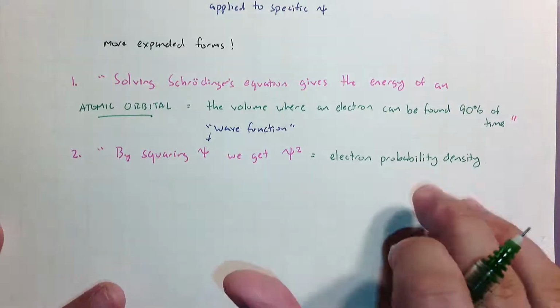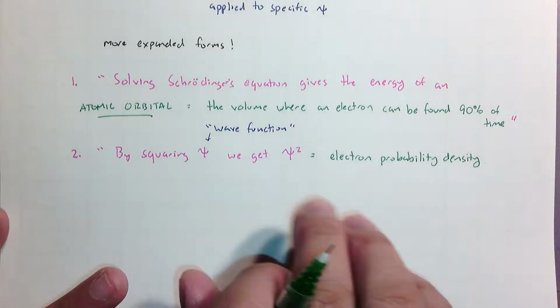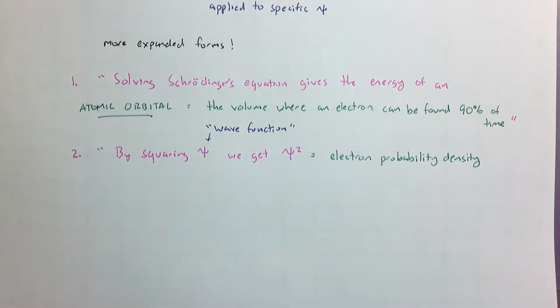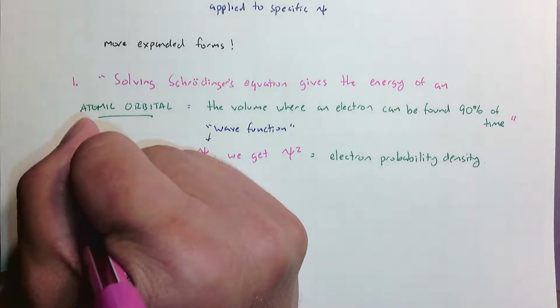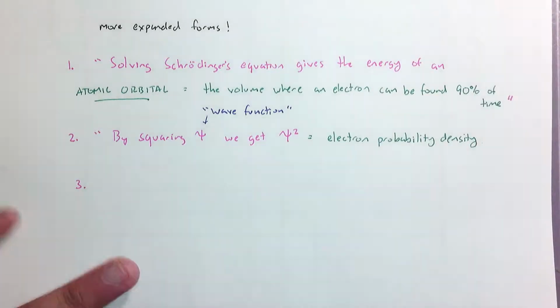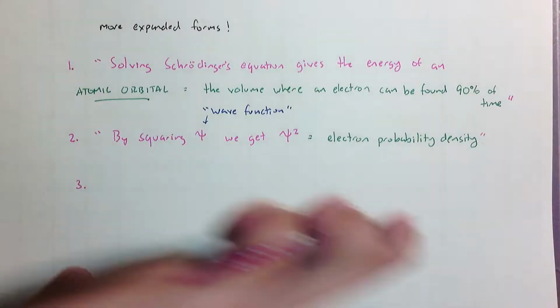So that's the probability of finding an electron within that volume. Don't worry, I have a couple of pictures that will make this hopefully a little bit more clear, but let me give you the third point that I want at least my students to remember.